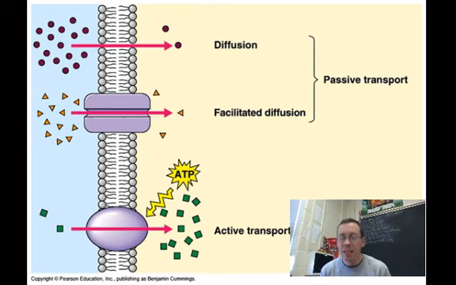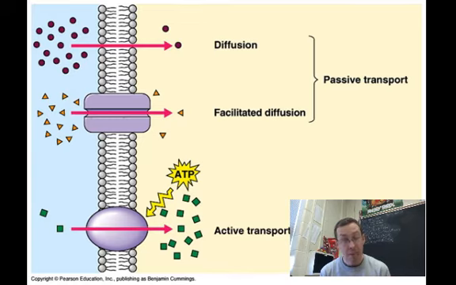That protein channel is required because the particles that want to go into the cell are simply too big, or the particles are of a different polarity than what is allowed to diffuse through the cell. These are both known as passive transport because they require no energy. No ATP is involved because it's diffusion. It's the natural movement of particles to go from a high concentration to a low concentration.